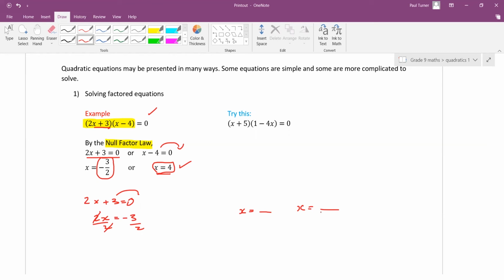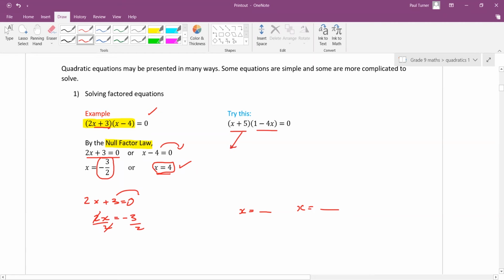So that one shouldn't take too long. The good thing, it's already factorized. So split them into 2 parts. Whenever you see 2 factors, write these down separately, okay?